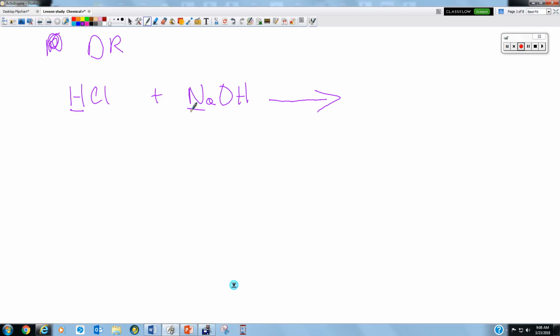The cations will trade places. So hydrogen and sodium are going to trade places. So we end up with hydrogen hydroxide, which, what's the other way that you know this formula? H2O, which is water. All right. And then we end up with sodium chloride.